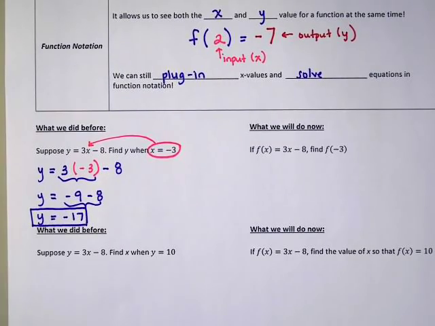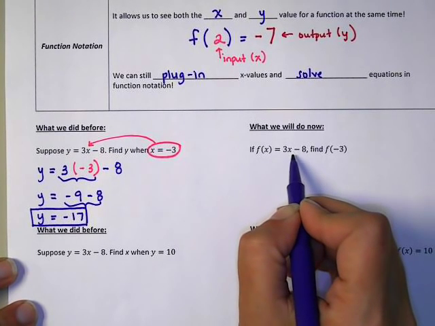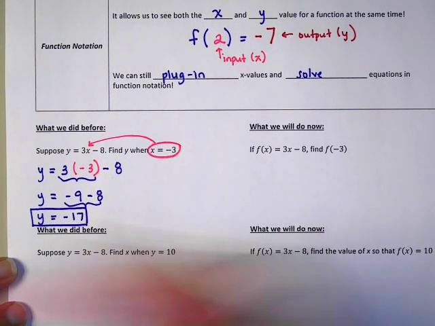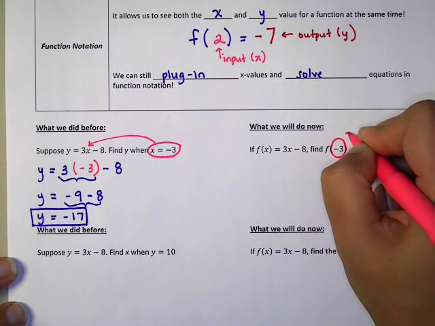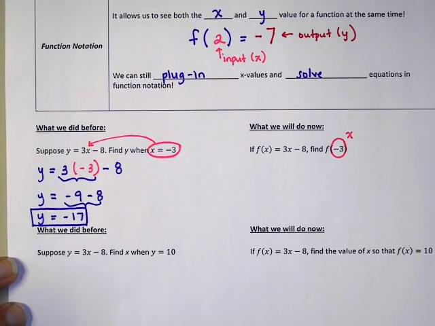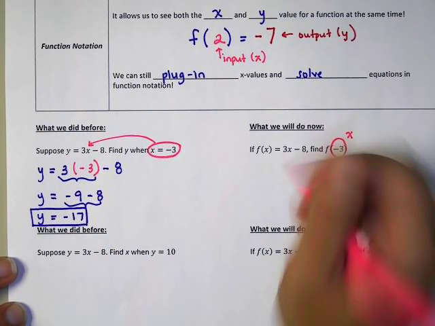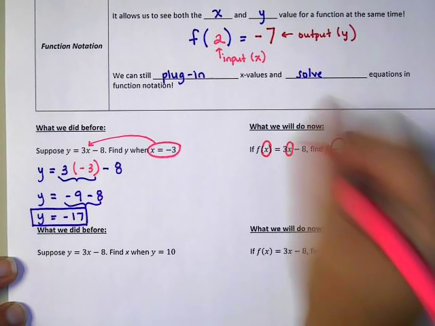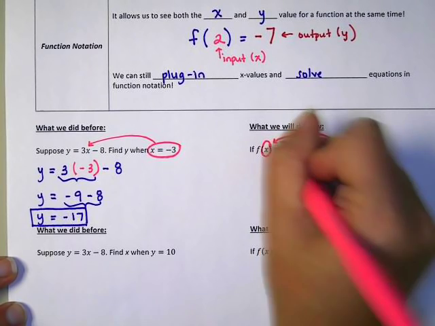Here's what we're going to do now to be more specific about our notation. If f of x equals 3x minus 8, find f of negative 3. Now remember, the number inside the parentheses is always your x value. So just like we replaced this x with our number, we're going to replace all of the x's that we find in this equation with the negative 3.